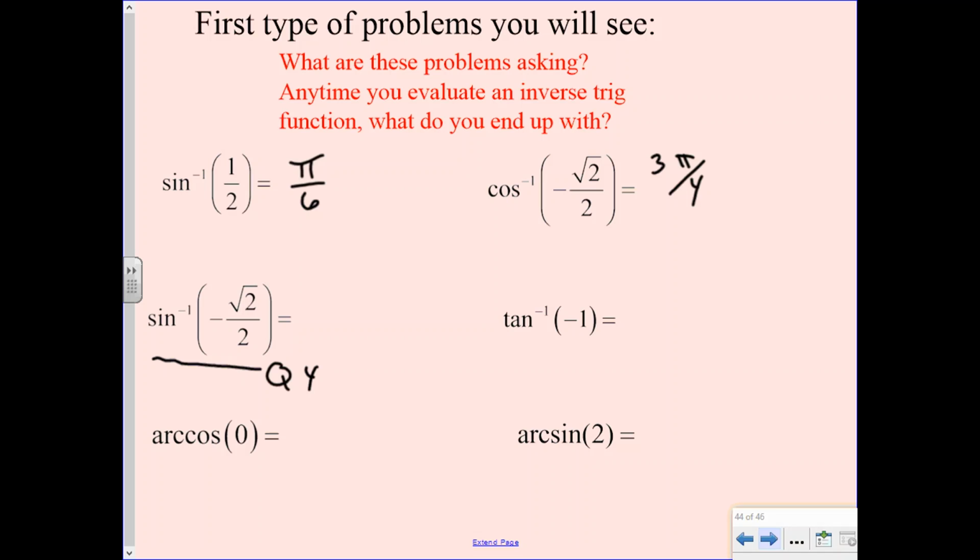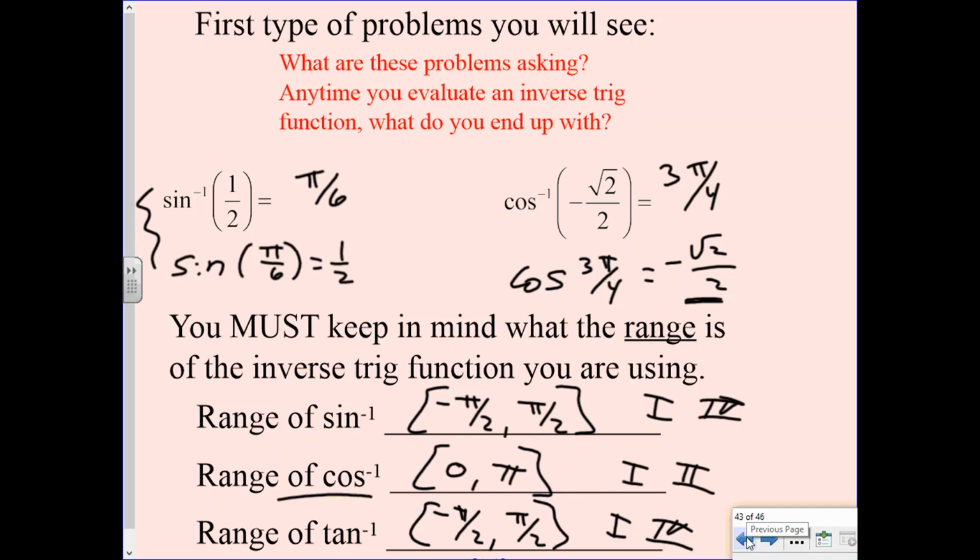The easy answer to that would be 7 pi over 4 because you're used to using the circle, right? But we cannot think of it in that way. We have to think of it in terms of what our range is, from negative pi over 2 to pi over 2.